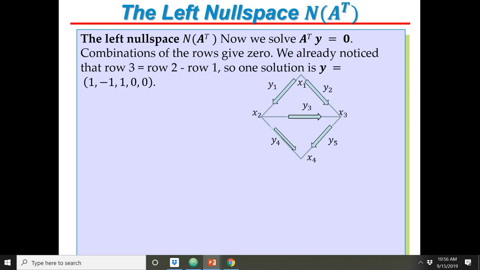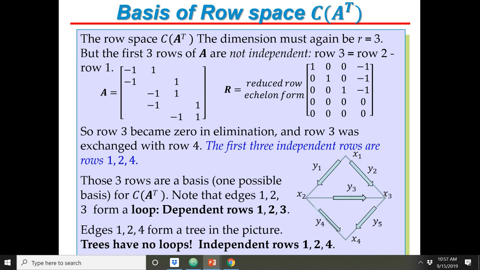So the left null space, of course, would be our last space that we need to be able to say something about. But first, let me just go back to the row space.